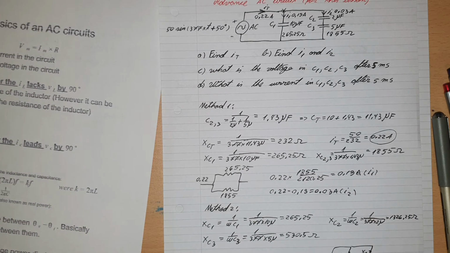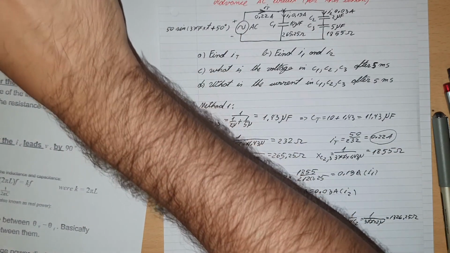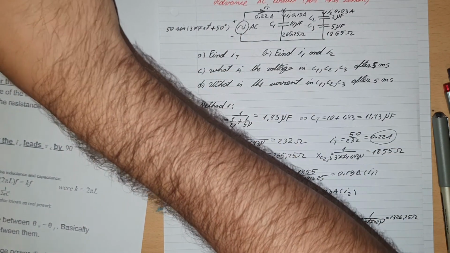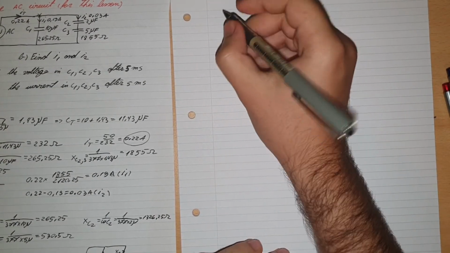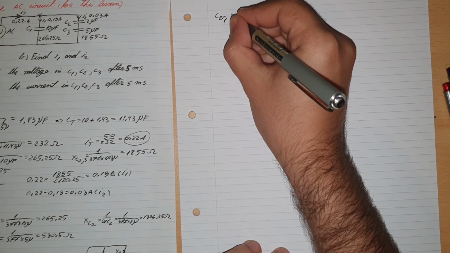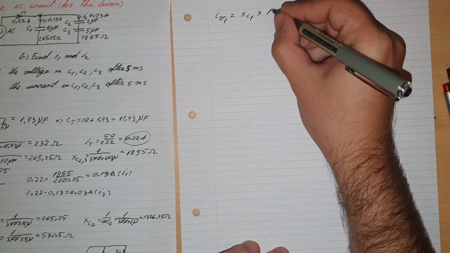Okay, so to calculate those, I have a separate page here with the answers for the calculations. So let's go through it now. Let me go to this new blank page, and now we need to calculate the voltage. So CV1, the voltage across C1, will be XC1 multiplied by the current 1.